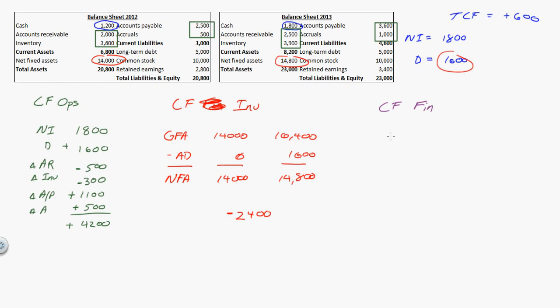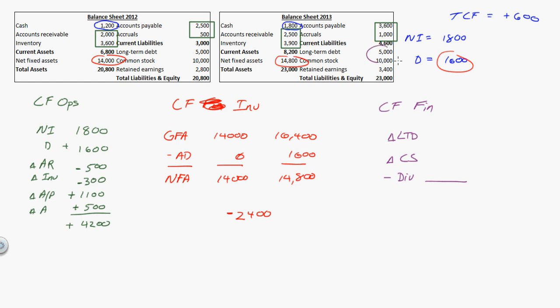I'm going to have change in notes payable, but there are no notes payable. So change in long-term debt, change in common stock, and this just has common stock in one big category. It's not split out into par and capital surplus, or sometimes called additional paid-in capital, and then subtract the dividends.